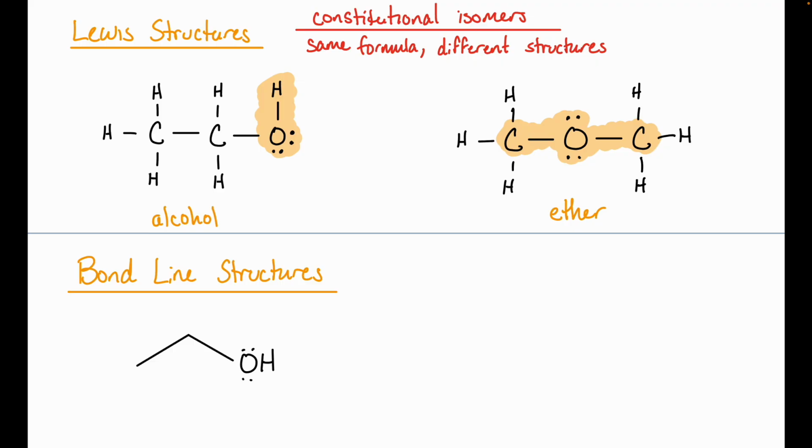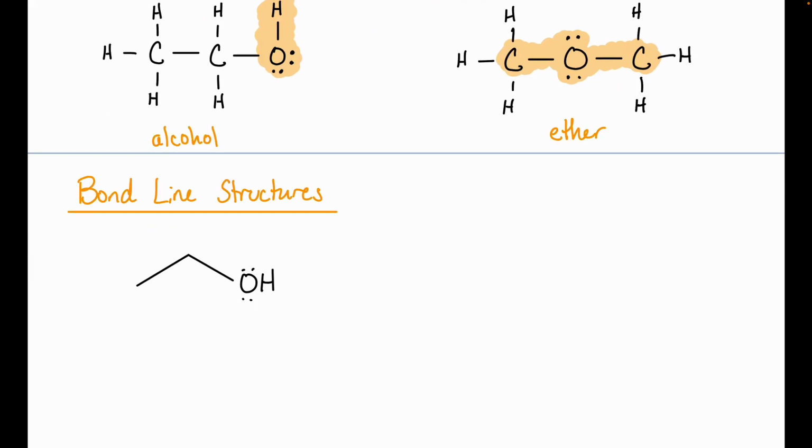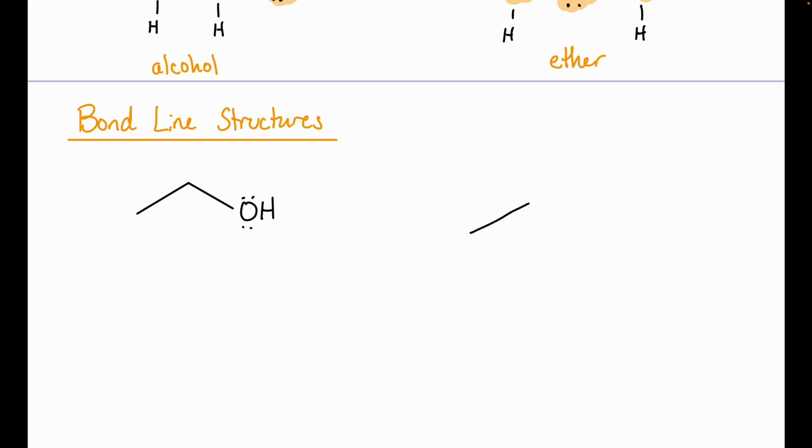So everybody take a second, give me the bond line structure of our dimethyl ether here. I got my oxygen in the middle and my two carbons on either side here.